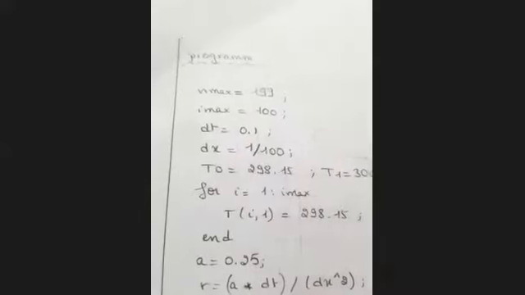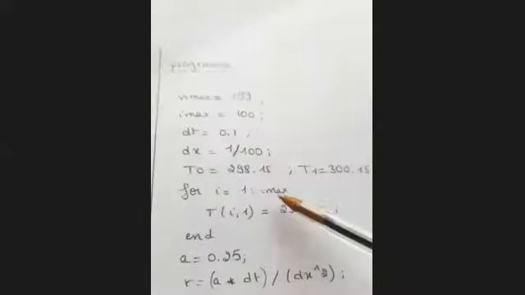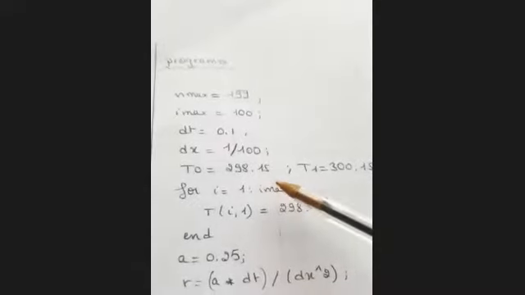هلا for the program I give n max equal 199, I max equal 100, dt equal 0.1, dx equal 1 over 100, semicolon, t0 298.15, t1 300.15, t2 600.15, semicolon. For I equal 1 to I max يعني طلعوا انتوا هون على الفلو chart.